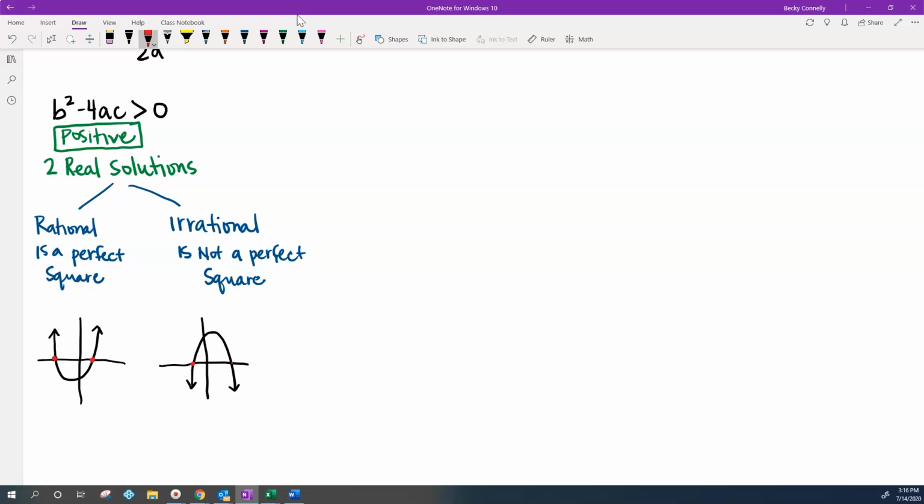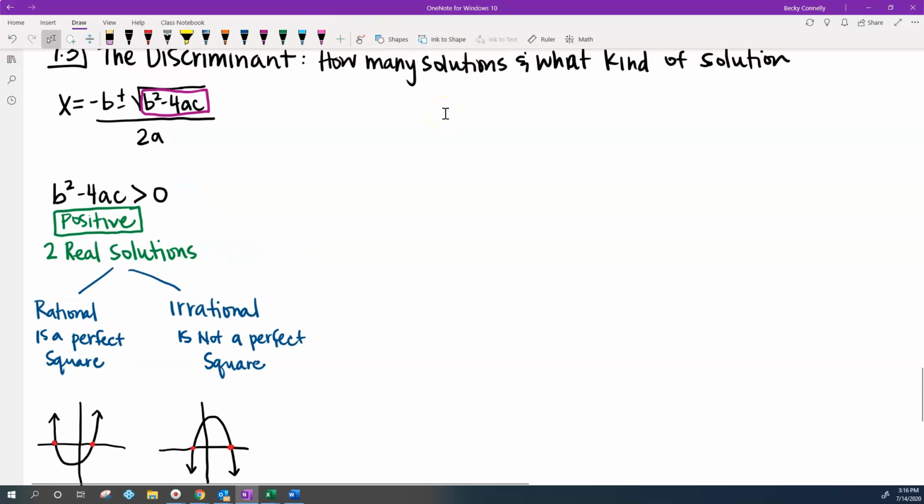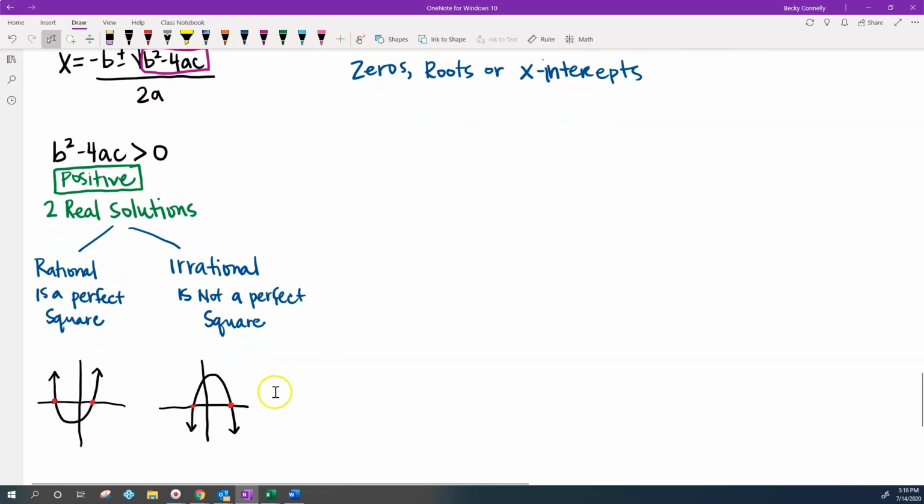Okay, so something that I want to also talk about here is you'll hear some words, and I want to make sure that you understand these are talking about the same thing. So if you hear zeros, roots, or x-intercepts, those are all talking about the same thing, where that parabola is crossing the x-axis, right?